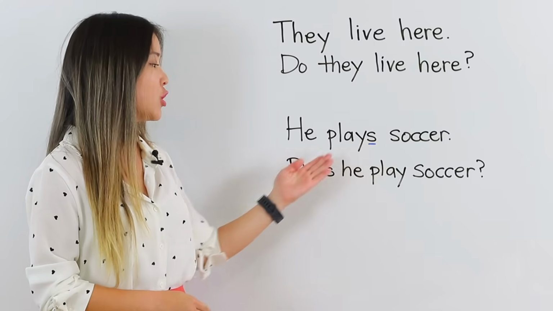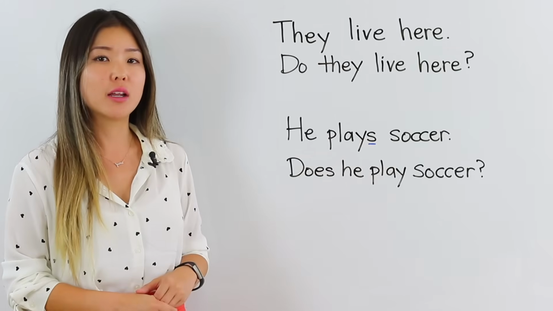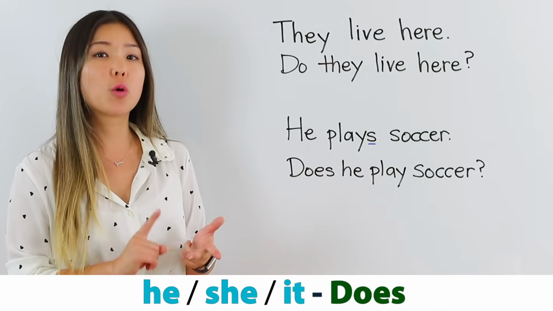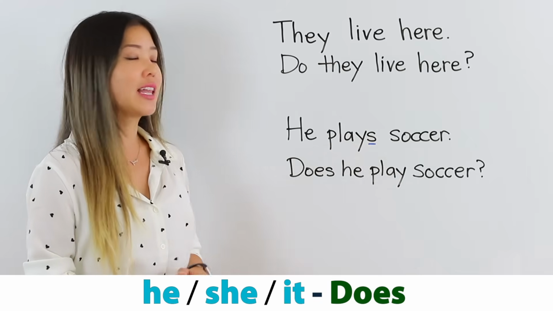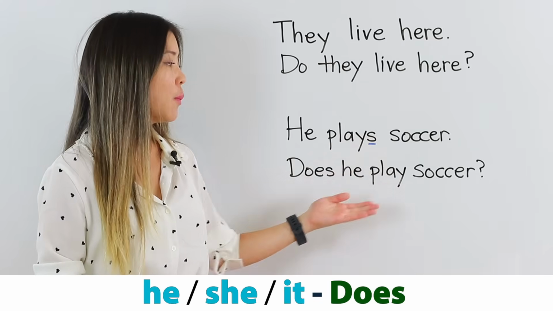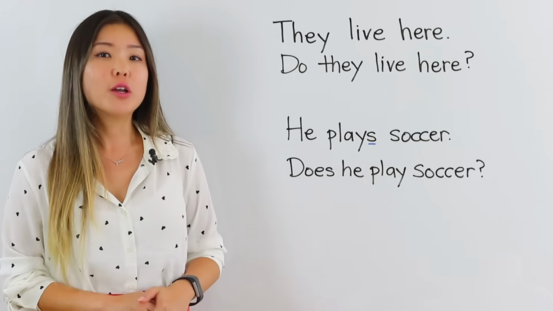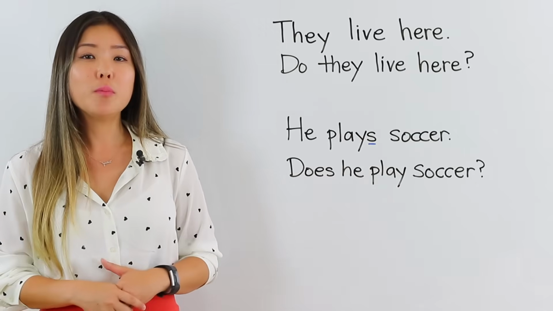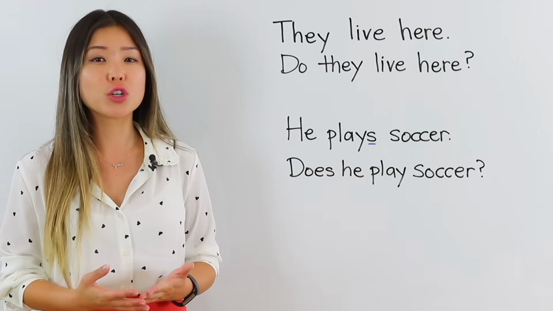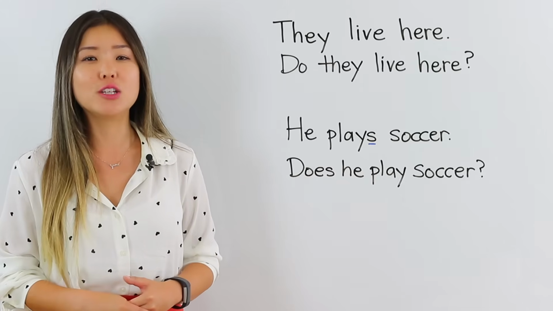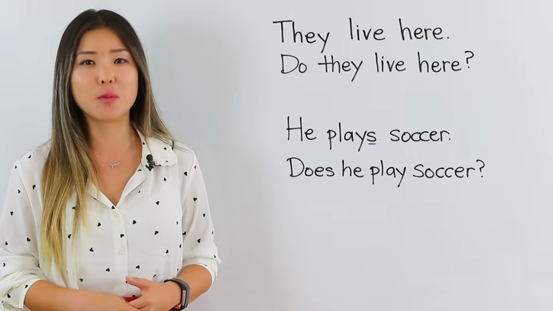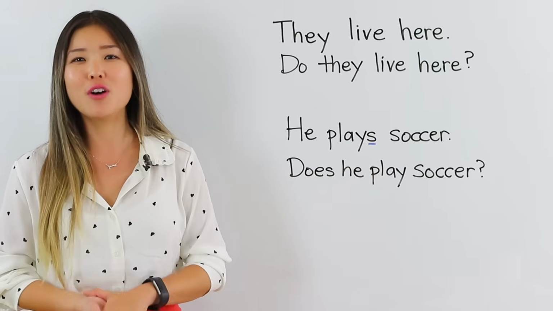Instead, I just use does at the beginning. So for he, she, or it, put does at the beginning and don't worry about putting an S or ES at the end of the verb. So to review, one possible way of forming a question for the present simple tense is using do or does at the beginning. All right, let's move on.